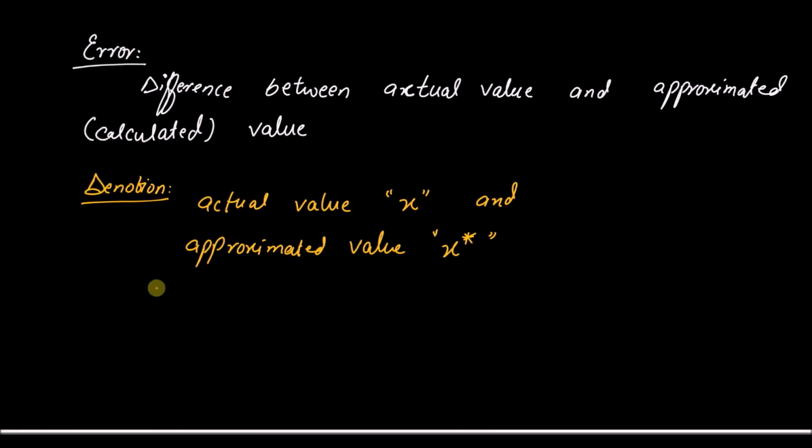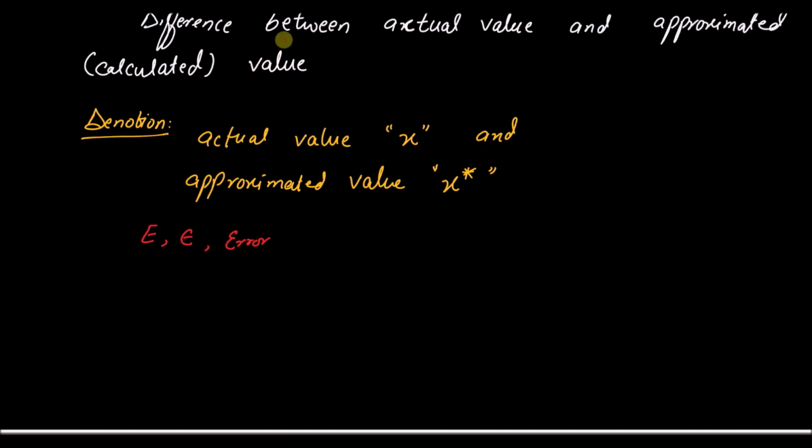The word error is denoted by different letters and with different names. Letters can be used such as capital E, epsilon, and we can also use the word error simply. So let's discuss an example.